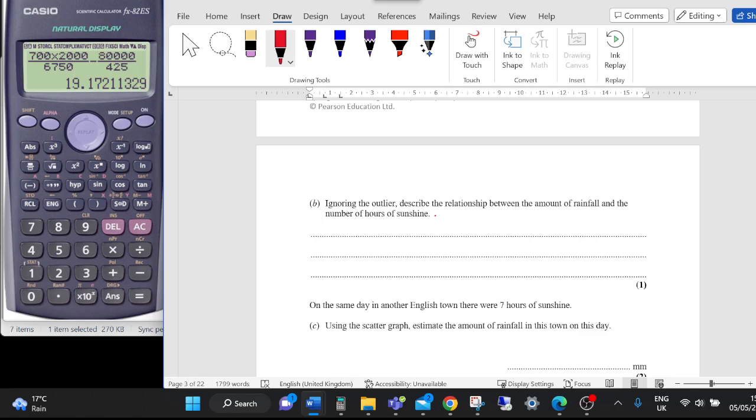You could say there is a negative correlation between rainfall and the number of hours of sunshine.